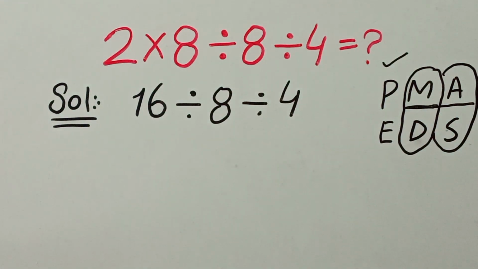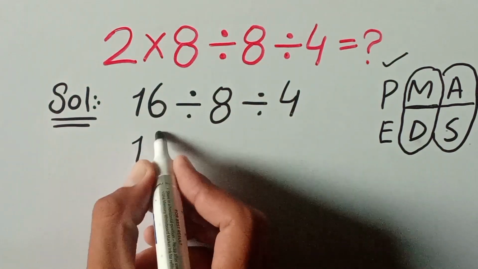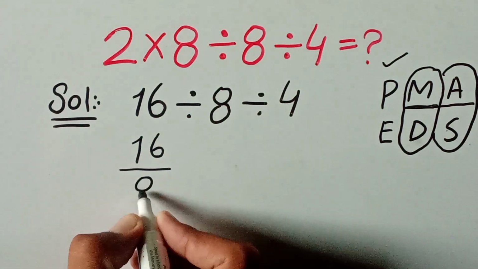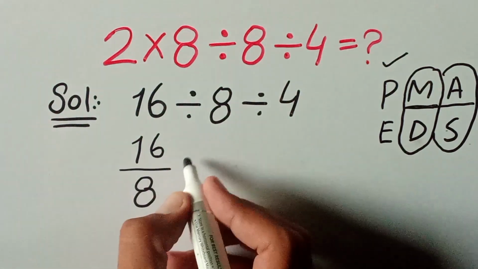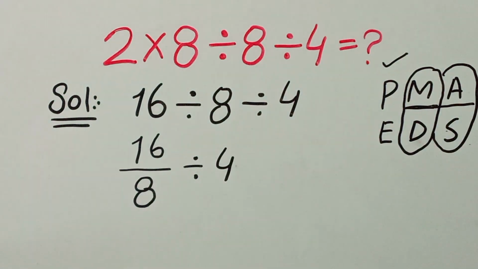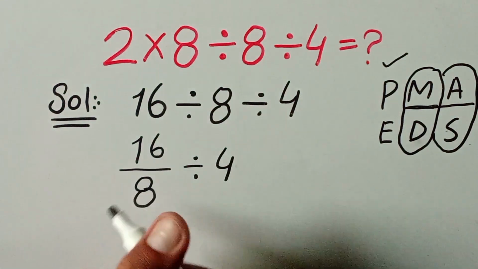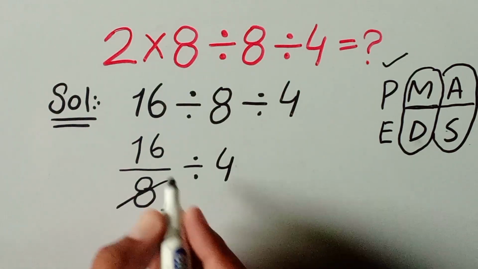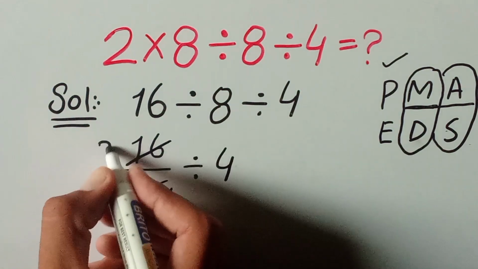Okay, now in the next step I will write it as 16 divided by 8 divided by 4. Guys, here 8 and 16 cancel with each other, and the answer is 2.